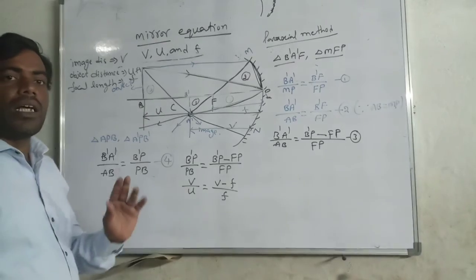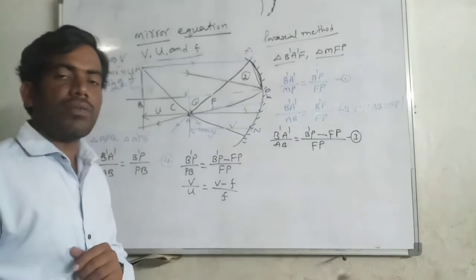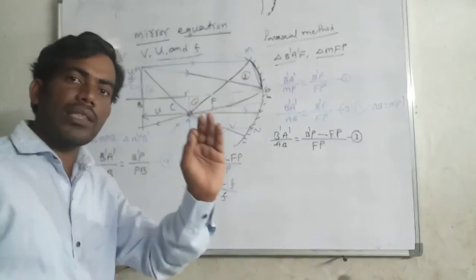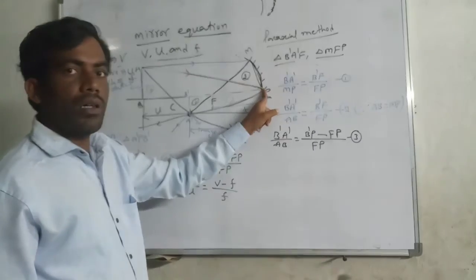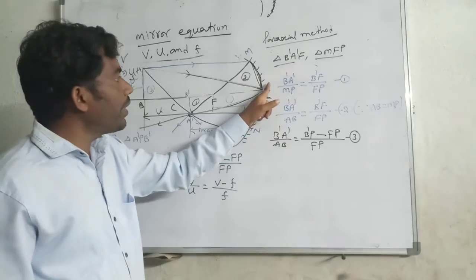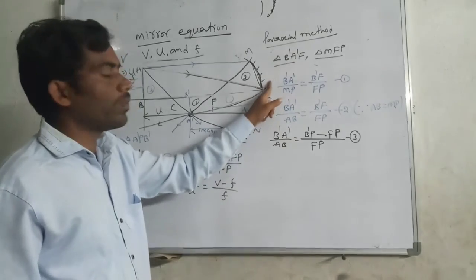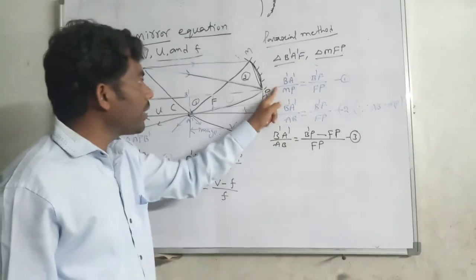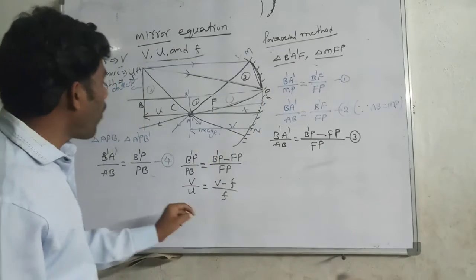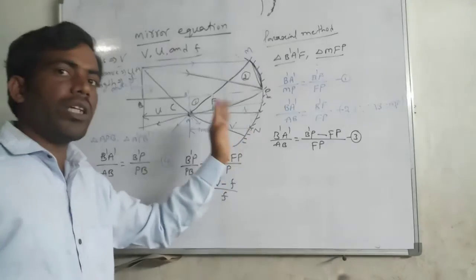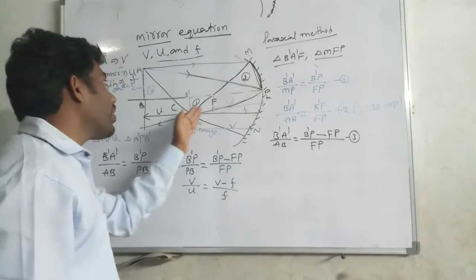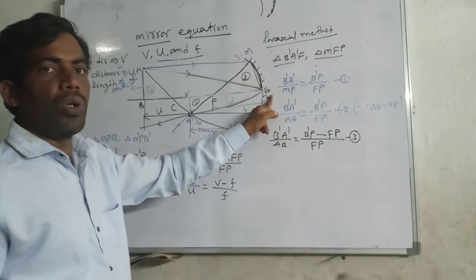The sign convention must be measured from the reference point, the pole. From this point P, all of U, V, F must be negative because these values are on the left side of the pole.